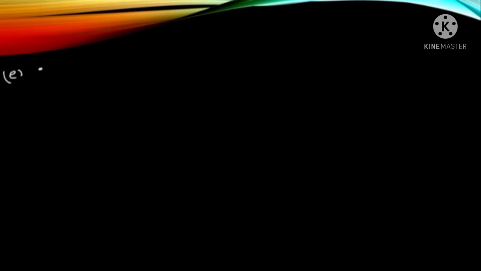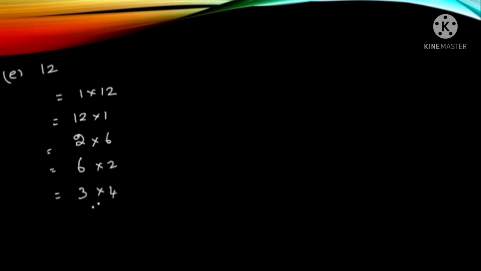Next, subdivision E, 12. So 12, let us list down the factors, the tables. 1 12s are, 12 ones are, and then 2 6s are, 6 twos are, 3 fours are, 4 threes are.